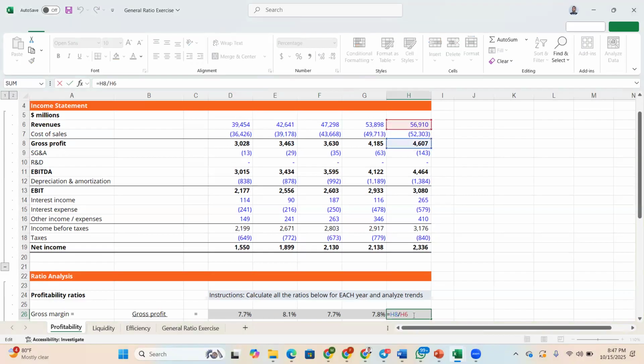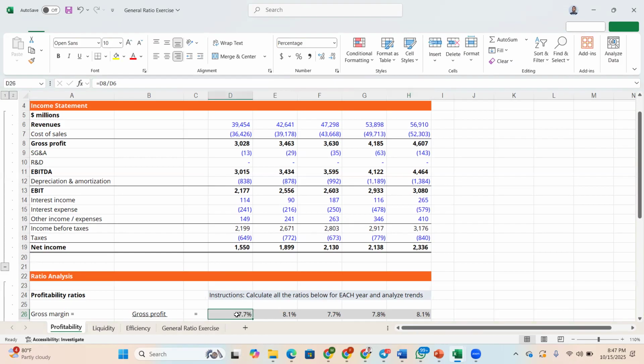Excel has a functionality that moves the formula for another cell. The reference, yes, that's the right word to use. It will reference the next cell that corresponds. So since this is for year one, you can copy this for another year and it will still give the correct ratio.